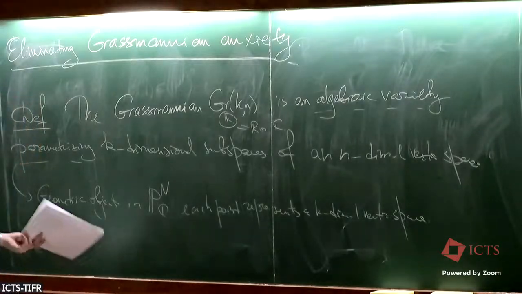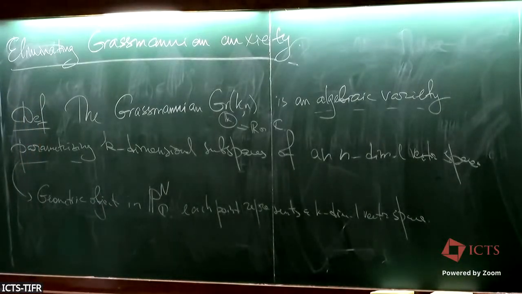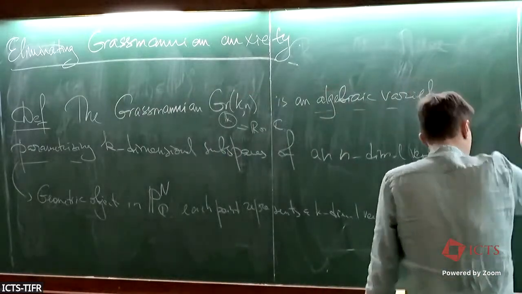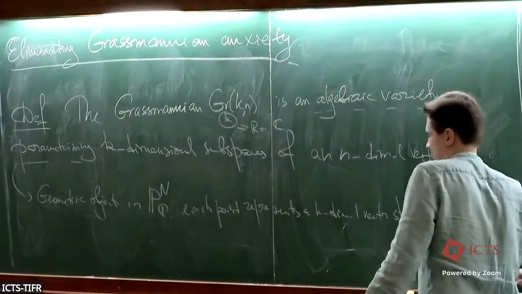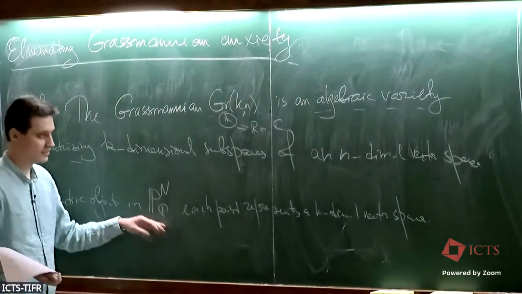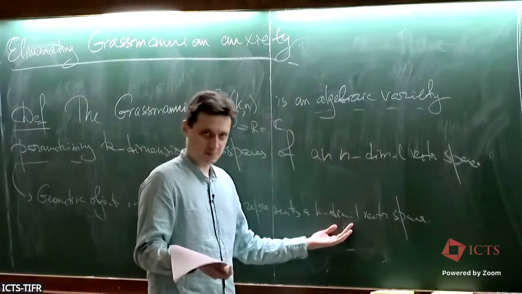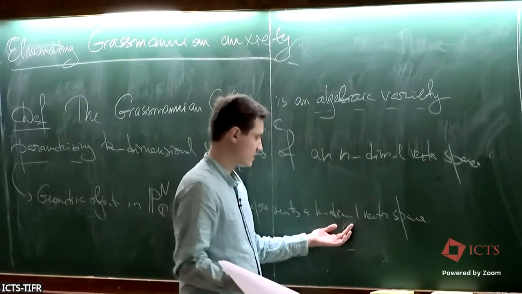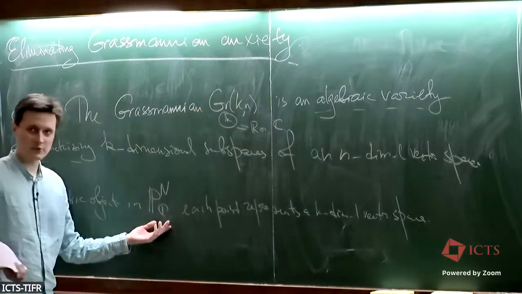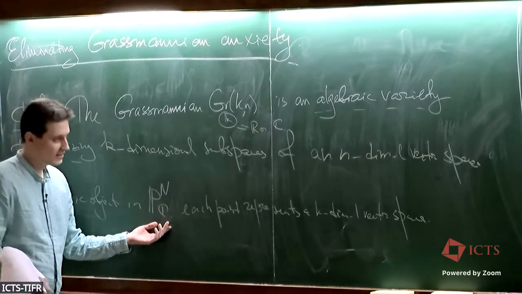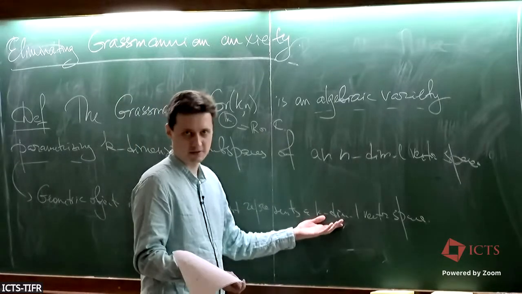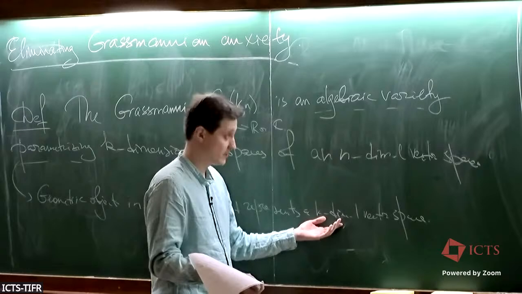So again, I will briefly repeat what Melissa told us yesterday. How do we get a single point in a high-dimensional projective space from a vector space? Well, a point here is represented by coordinates, by a vector of numbers. So we need some vector of numbers coming from a k-dimensional subspace of an n-dimensional space.